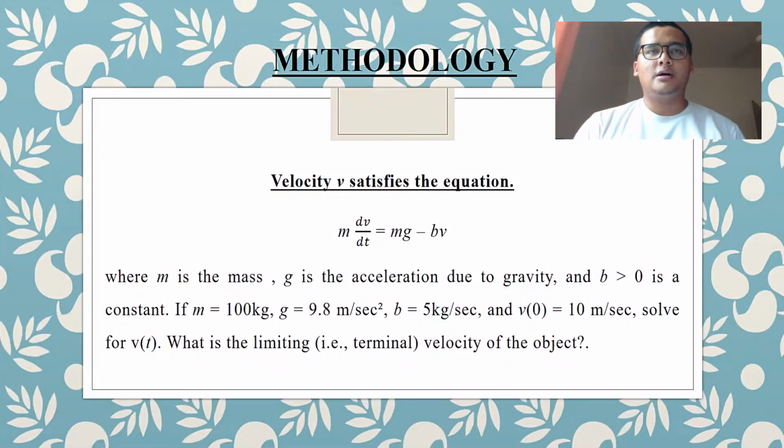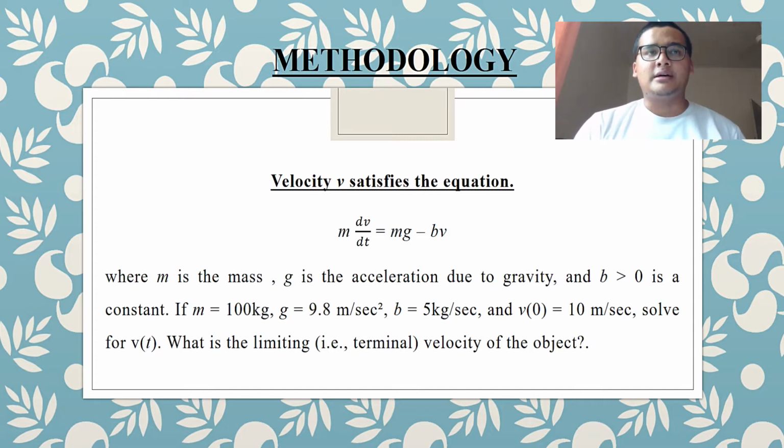For the methodology of this case study, we review the question first. The velocity v satisfies the equation m dv/dt = mg - bv, where m is the mass, g is the acceleration, and b, greater than 0, is a constant.